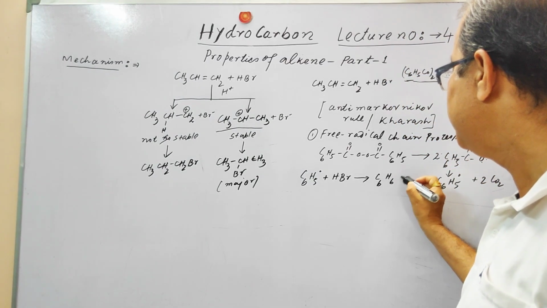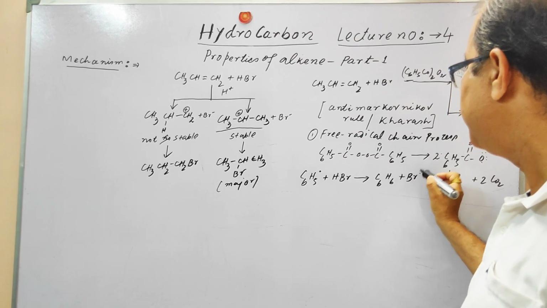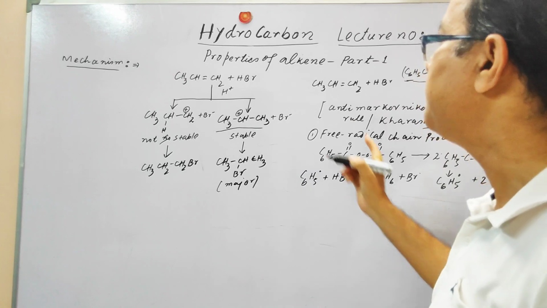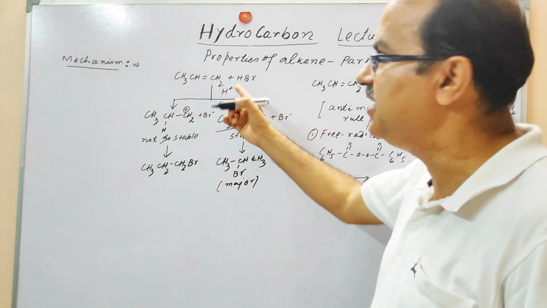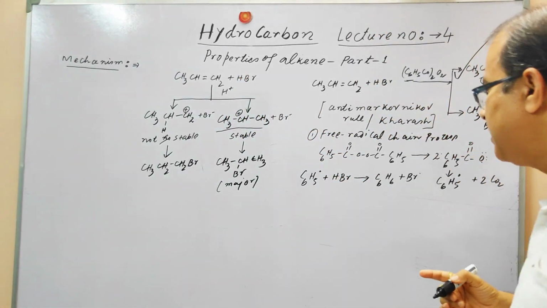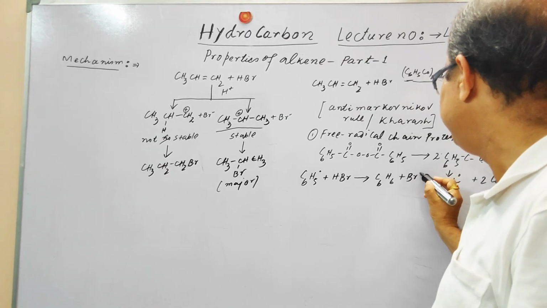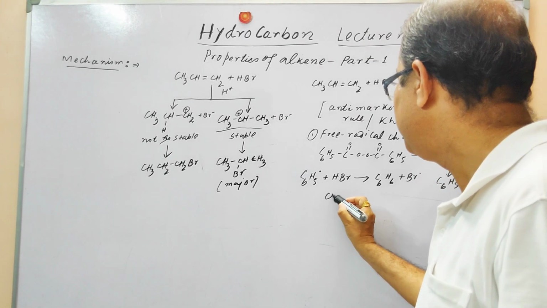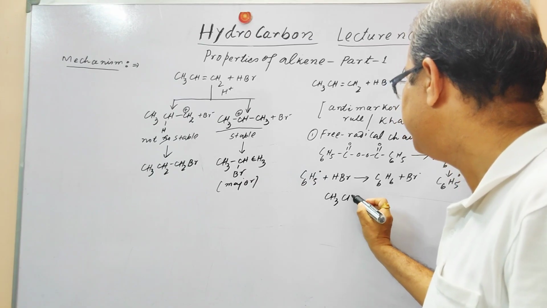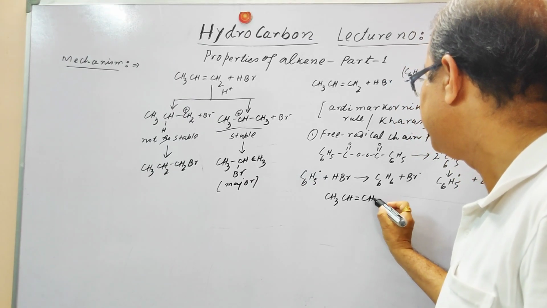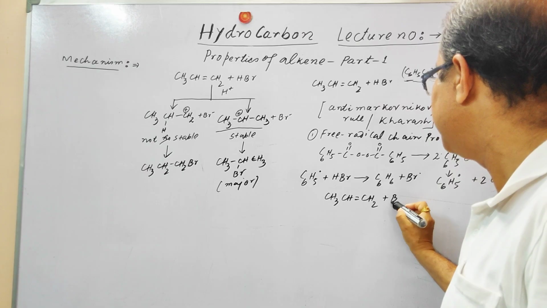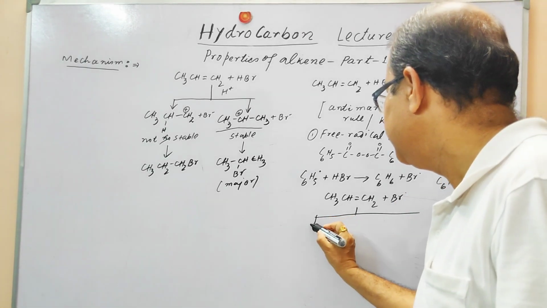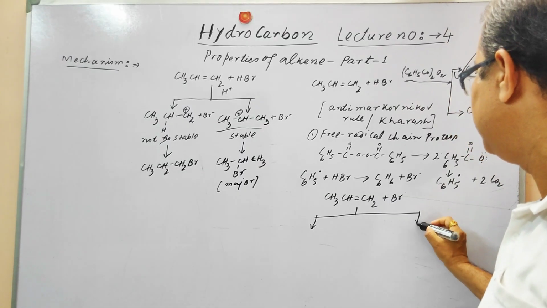This bromine free radical reacts in the same fashion as the H+, which is an electrophile. The bromine free radical is going to react with this propene.